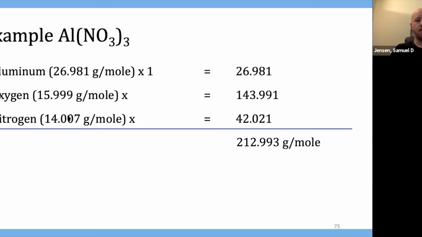So there are a total of 9 oxygens that we have to account for, and there are 3 nitrogens we have to account for. It's 3 times everything in the parentheses.